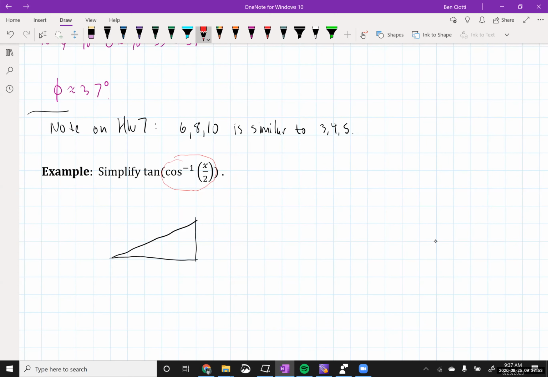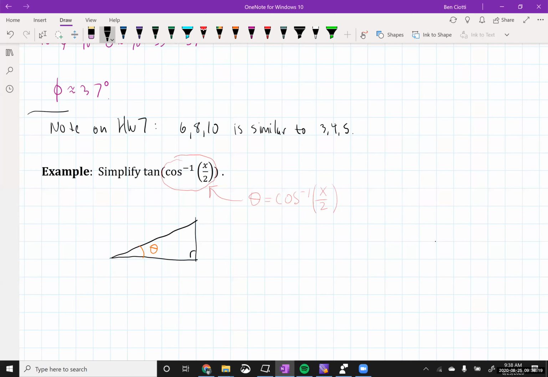Remember, inverse trig functions always spit out angles. So let's call this angle theta, okay? We don't know what it is, but let's call it theta. It's some angle, and let's draw a triangle that has that angle in it. So how about we make this angle theta.